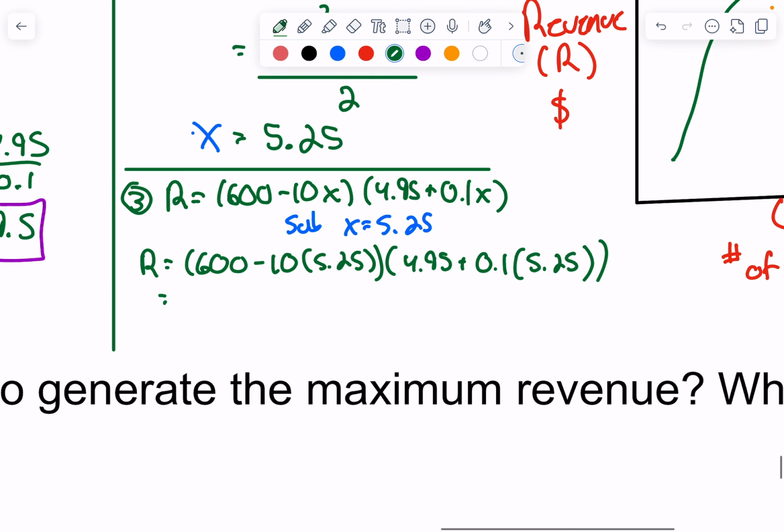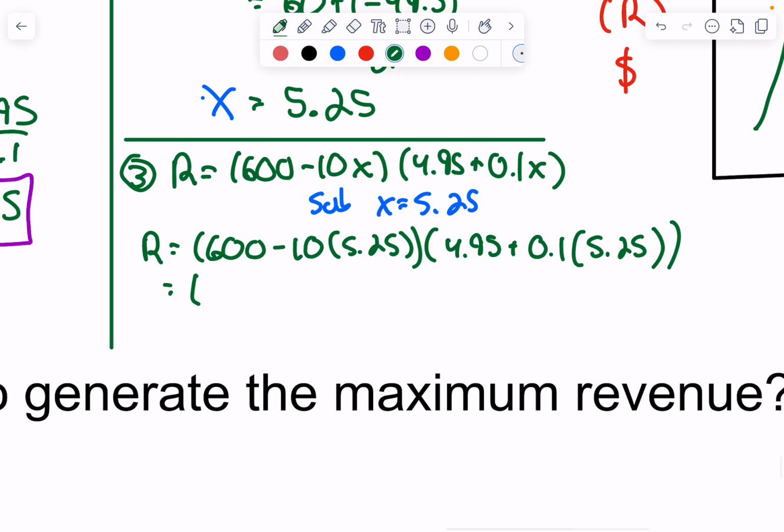Let's do our math. I'll need a calculator. So this first bracket, 600 minus 10 times 5.25, evaluates to 547.5. Multiply that by 4.95 plus 0.1 times 5.25.